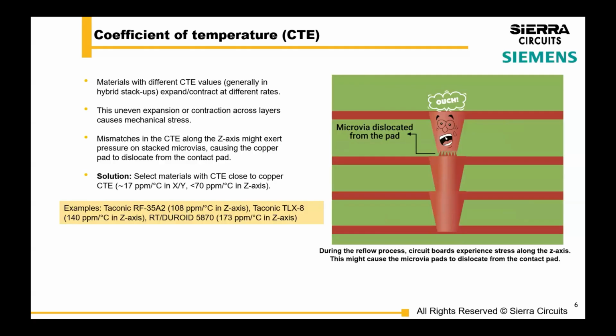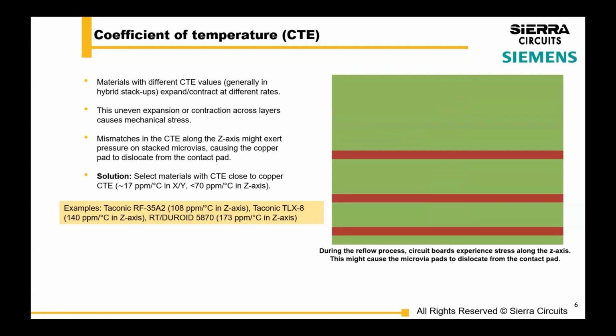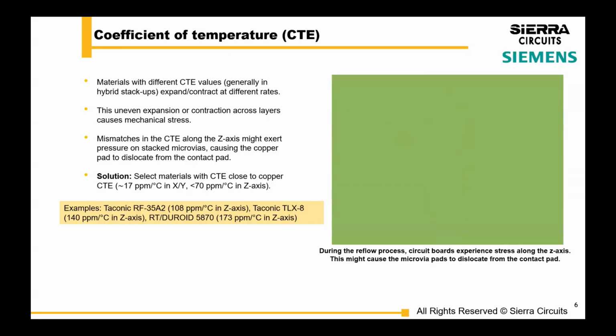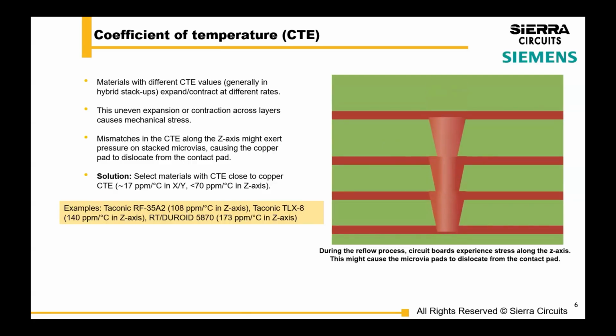The other thing to look at is the CTE, or coefficient of thermal expansion. If you have design requirements like stacked laser drilled microvias, and you're picking materials that are not appropriate for that type of design, then you're going to end up with subpar, less reliable PCBs. And it's really because the material you chose is not working with the design that you have.